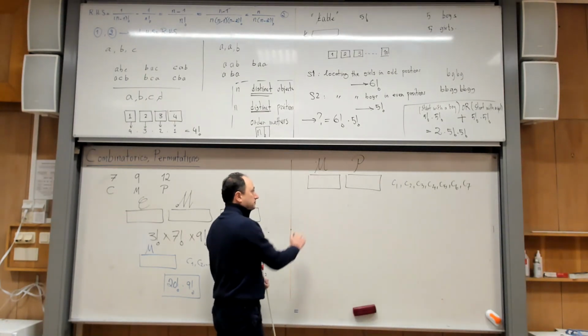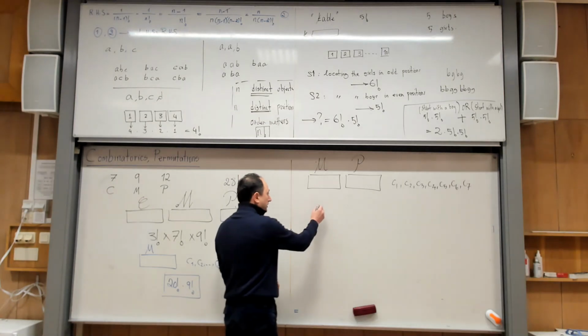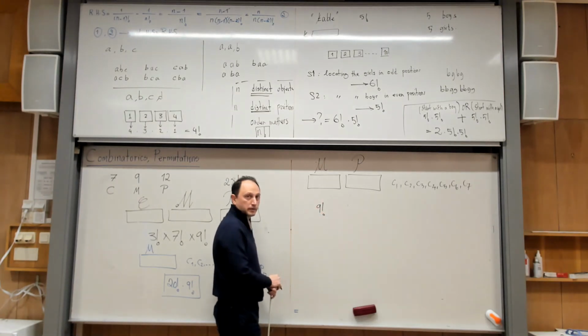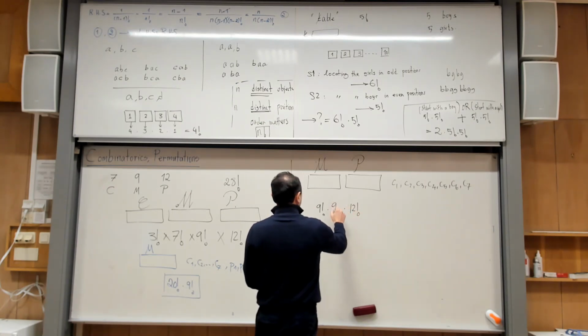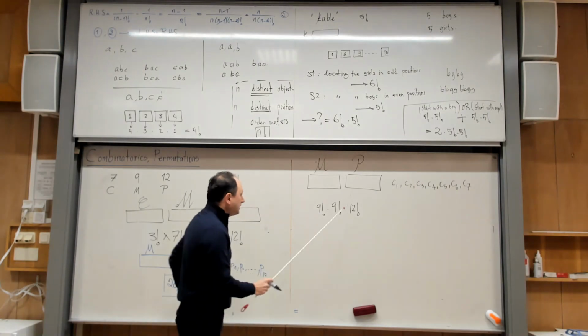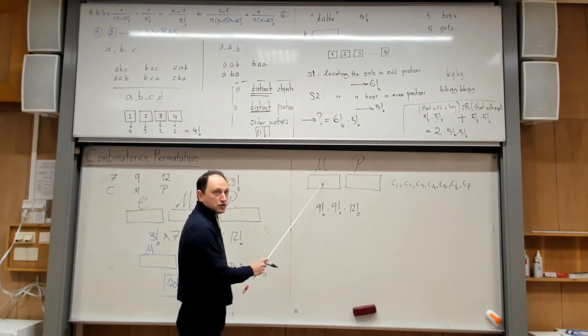The first one? Yes? 9 factorial. Yes. So it's 9 factorial times another 9 factorial. But be careful. This 9 factorial is the number of items here we are arranging.